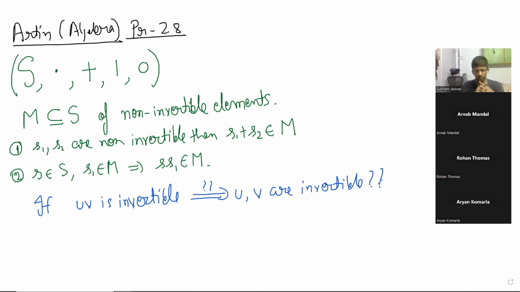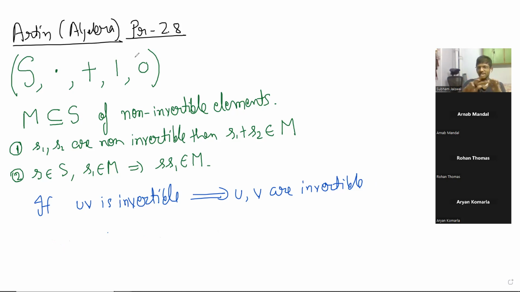So suppose V is not invertible, then UV will also not be invertible because U is in S and V is in M. So you see, it's very easy, right? So this is just true. It's easy. Everybody sees this. This is a very easy problem.